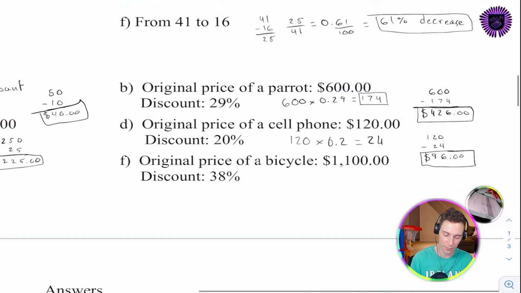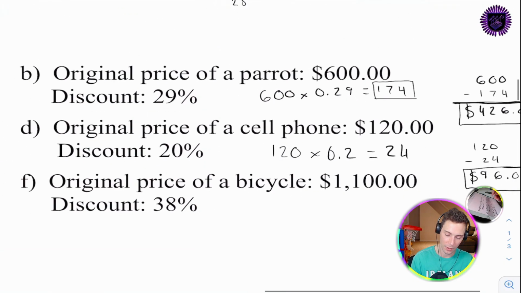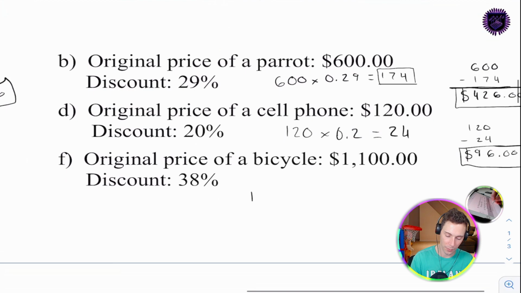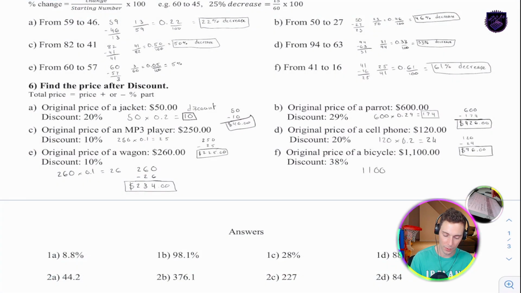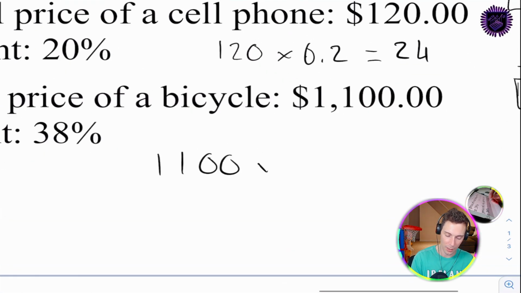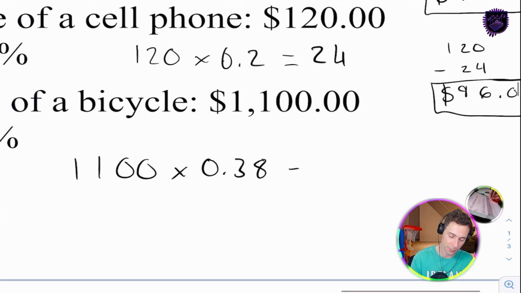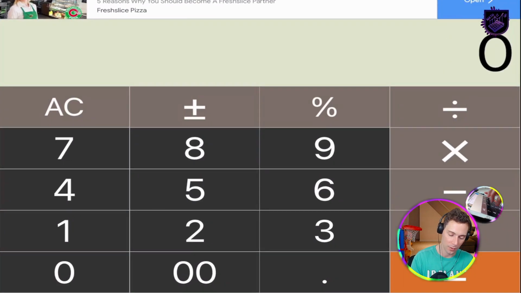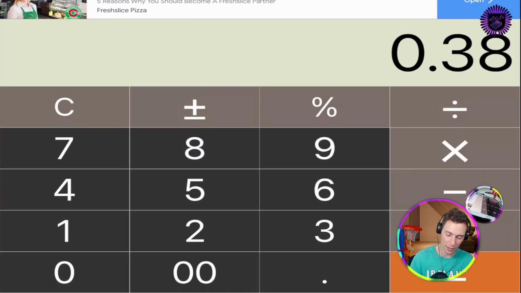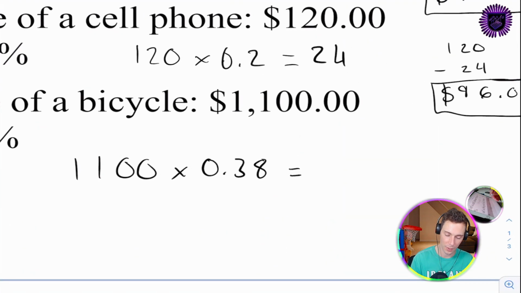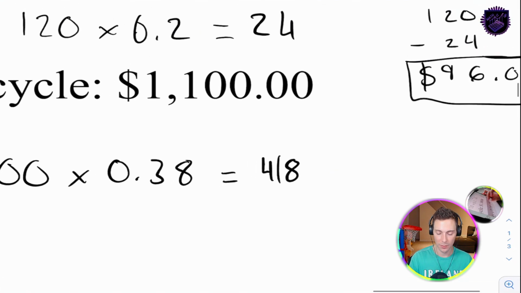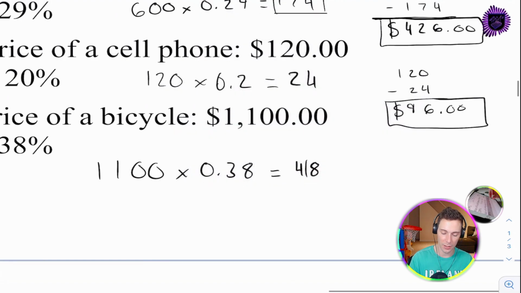Last one here. A little bit harder to do. So I'll use my calculator. So $1,100. Whoa. $1,100 times 0.38, 38% in decimal form, is going to be equal to 418. Now, that's our discount. We're at $418 off. So what's our final price?